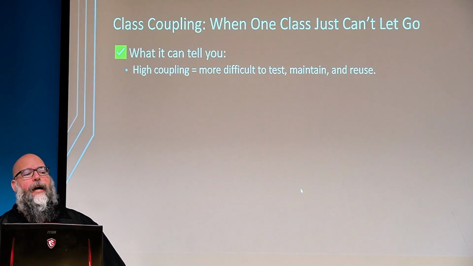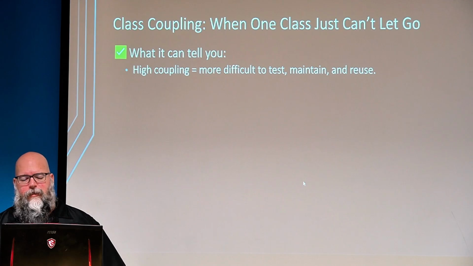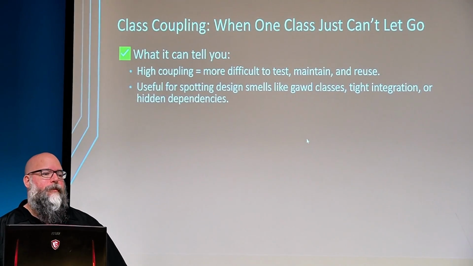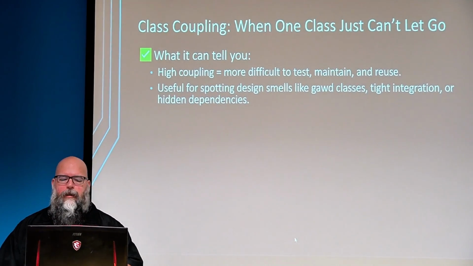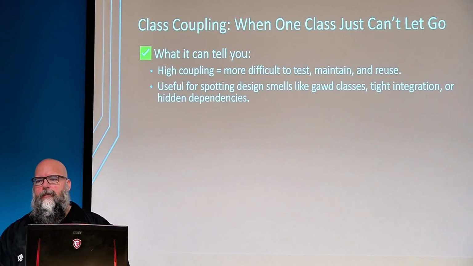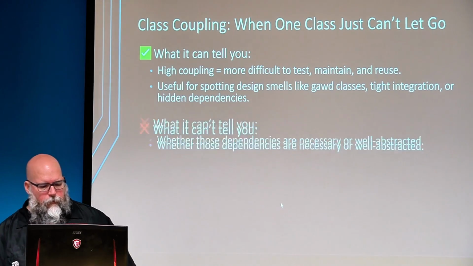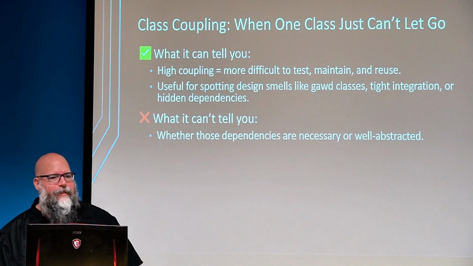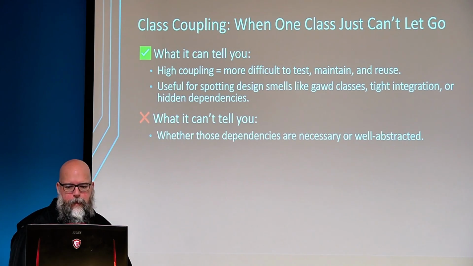What I can tell you is high coupling is more difficult to test, maintain, and reuse, but you can use this to spot design smells like God classes if you have tight integration or hidden dependencies. What it can't tell you is whether those dependencies are necessary or well abstracted.